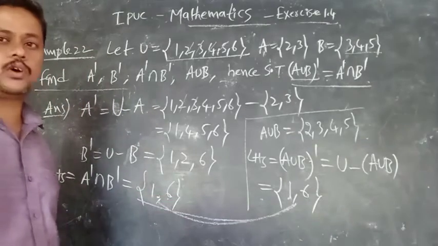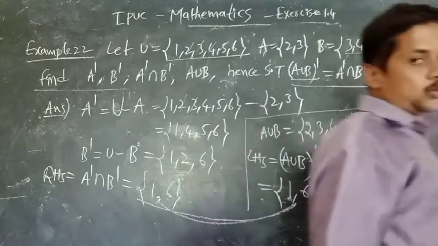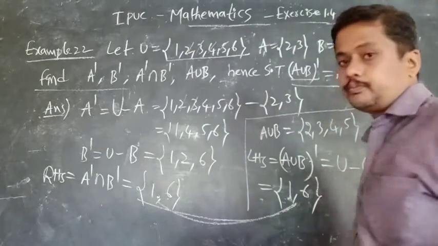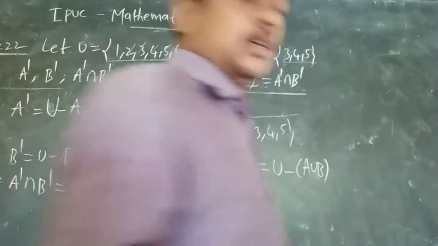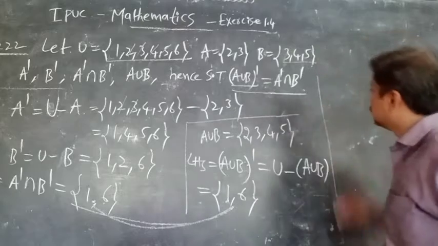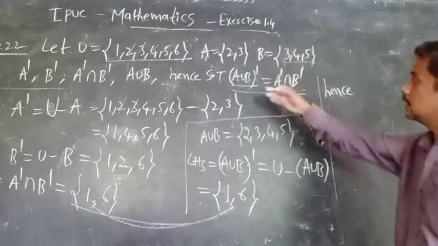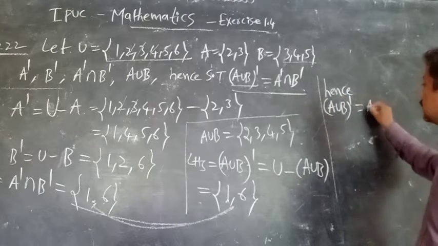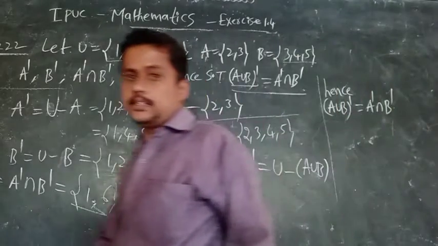So therefore we can tell that A union B whole dash is equal to, hence, I will write once again, hence we can tell that A union B whole dash is equal to A dash intersection B dash.